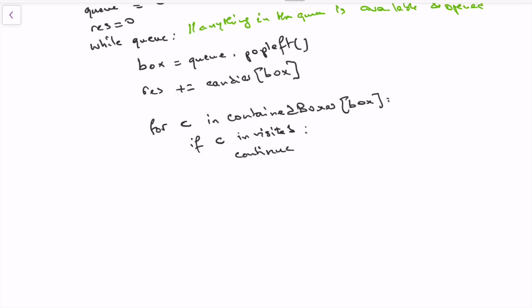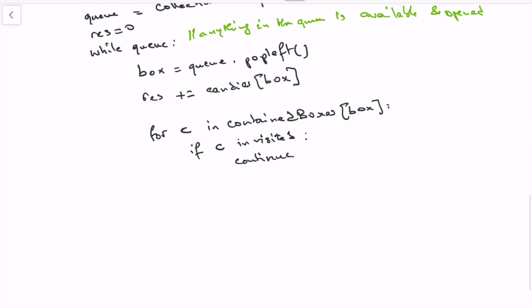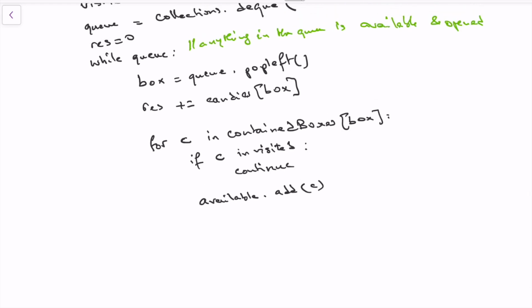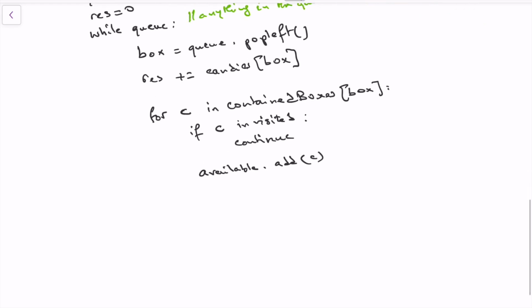Otherwise, I need to add it to the available boxes, because now it's available, I have it, right? And then I will check if it's open, because if it's open, that means it's ready to be added to the queue. And so to do that, I'm just going to check if the status of the contained box is 1. That means it's ready to be processed, so I can add it to the queue.